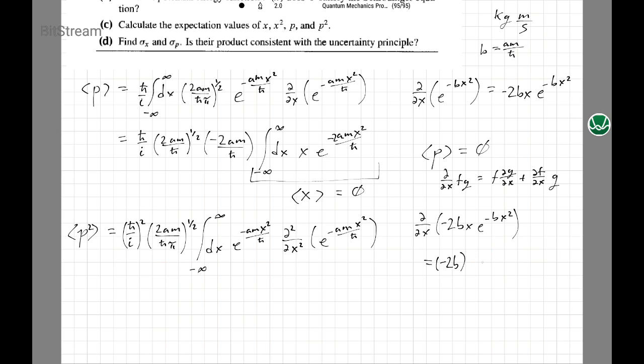We don't bother with that. So f is x, and then dg dx is the derivative of the inside. That gives us another 2b times the derivative of the outside, which is just that thing, plus df, which is 1. So I don't even really need to write that. And then g, so just this guy.